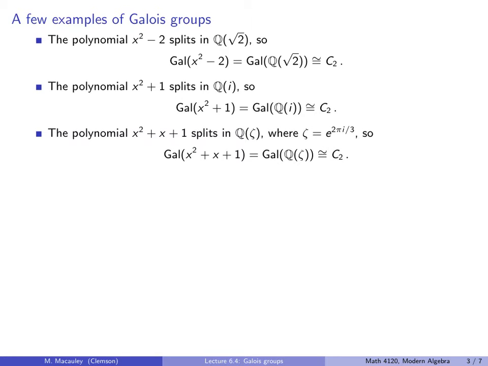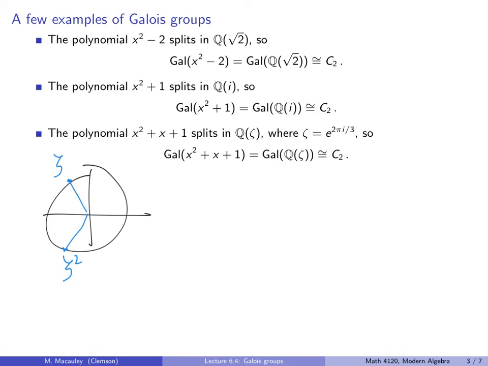Next, the polynomial x squared plus x plus 1. Recall that has two complex roots, and it splits in Q adjoined zeta, where zeta is a primitive third root of unity. Now recall that if this is a unit circle, then zeta is up here, and its complex conjugate, zeta squared, is down there.